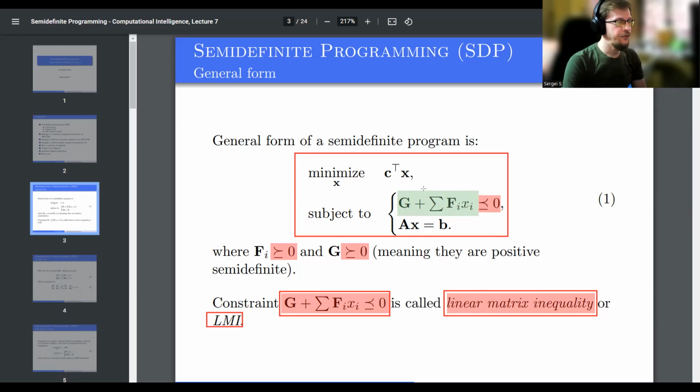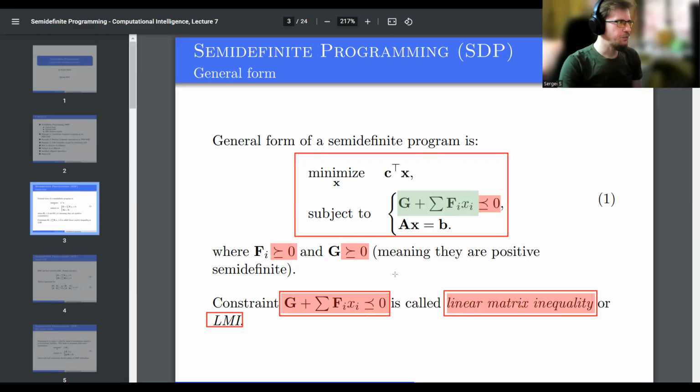And if you are going to, for example, Google information about tricks or approaches to formulating things as SDP, often enough what you have to Google is tricks and approaches to LMI, not SDP, because people care about the constraints themselves, not necessarily about the whole thing, and that leads to books being called something like LMI in control, just books on how to work with LMIs and so on, instead of talking about them as SDP.